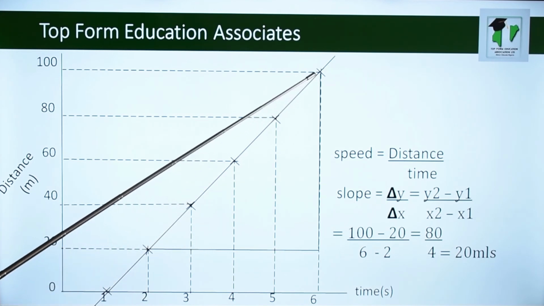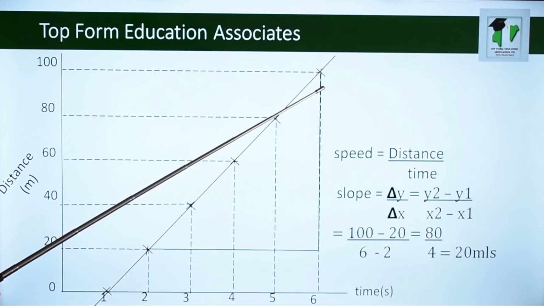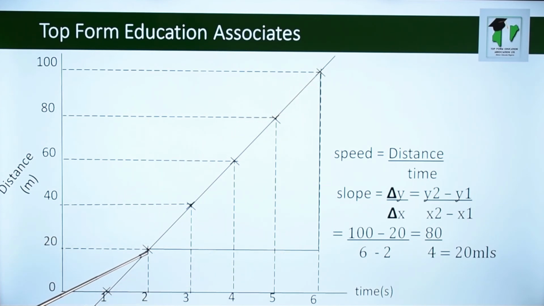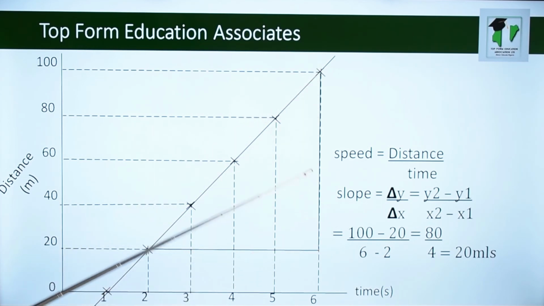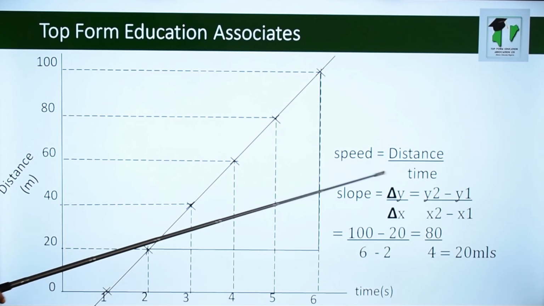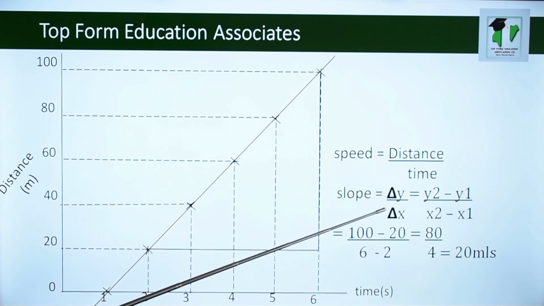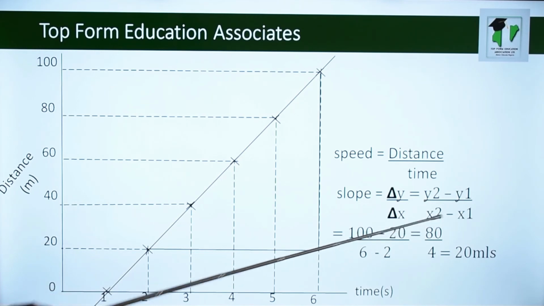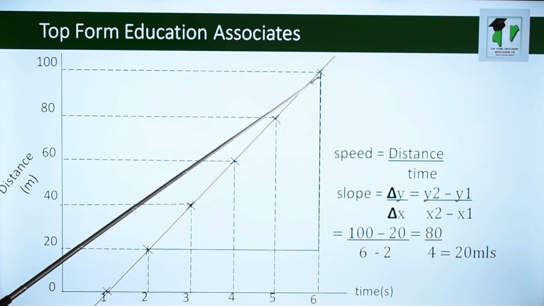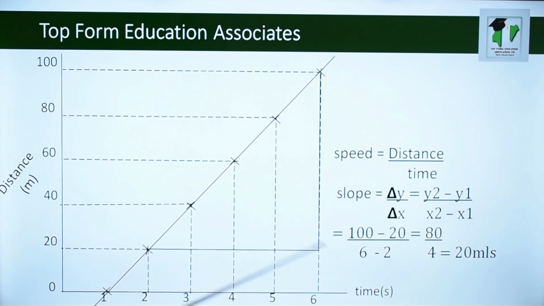So if we're taking the slope from this 100 here as against 20, you have it that for you to get the speed, our speed is distance over what? Time. Taking the slope to get the speed, we'll have change in y over change in x. That gives you y2 minus y1 over x2 minus x1. Your y2 here, the highest value of your y as we're taking the slope, is 100, and the least value you have here is what? 20.